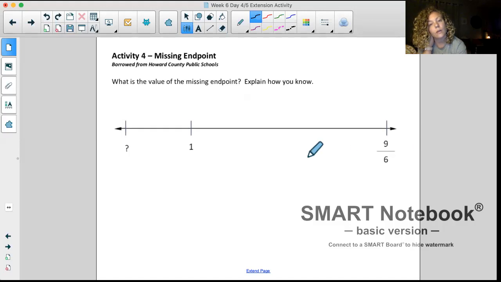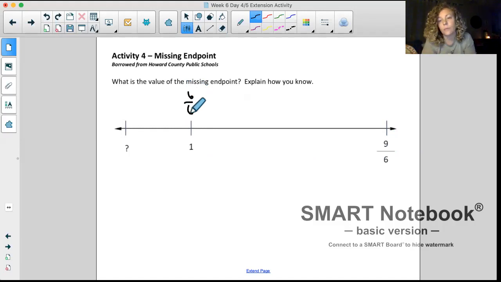So we're going to work with the unit sixths because that's what we've got down here for this endpoint. This is 9/6. How many sixths are equivalent to 1/2? Hopefully you said 6/6. So we're going to write that here.